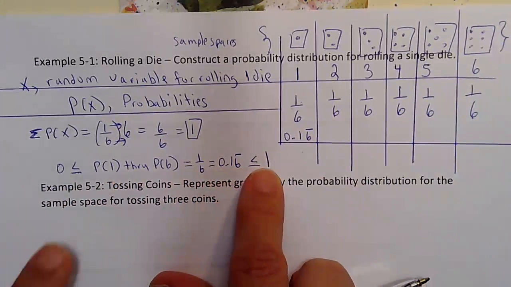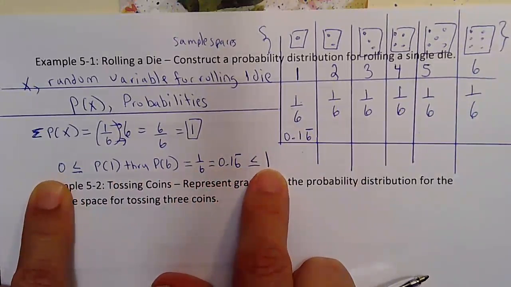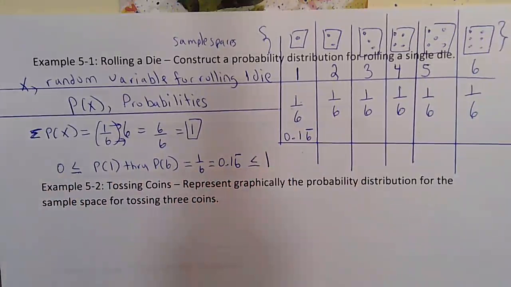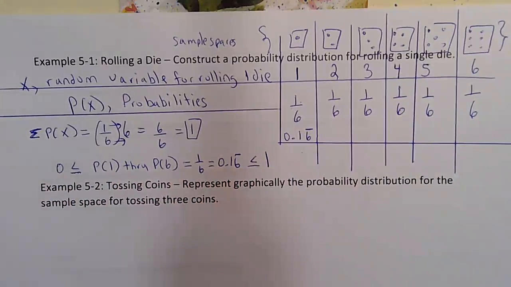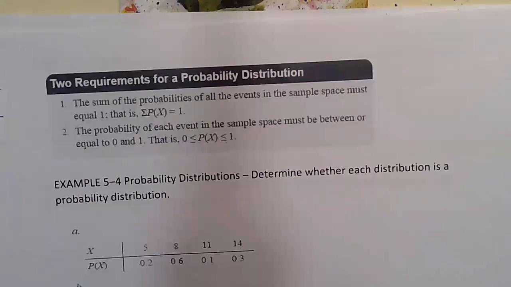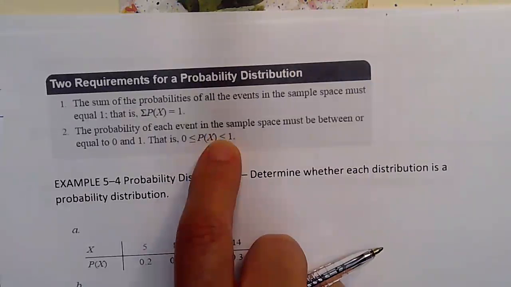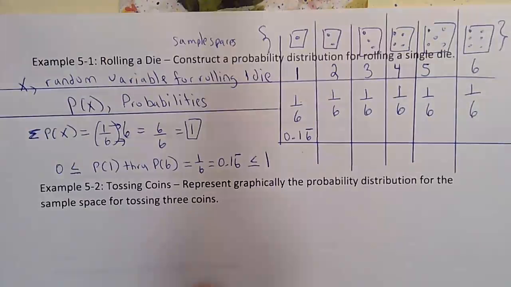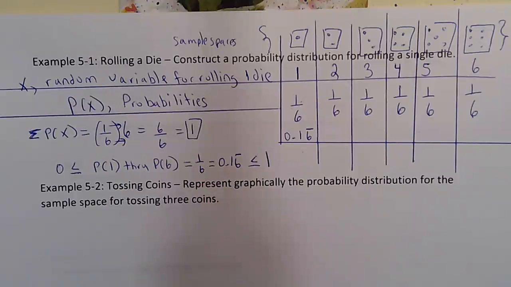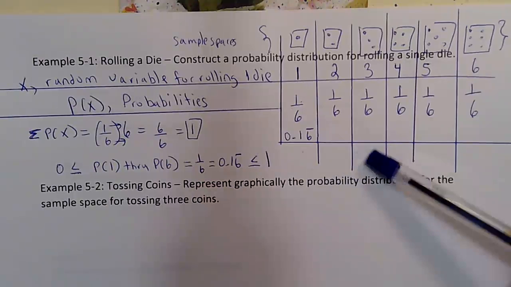It's all between 0 and 1. Are all of these between 0 and 1 inclusive? Yes, they are. That's one way to write that, so that meets the requirement. So this is correct where we set that up.